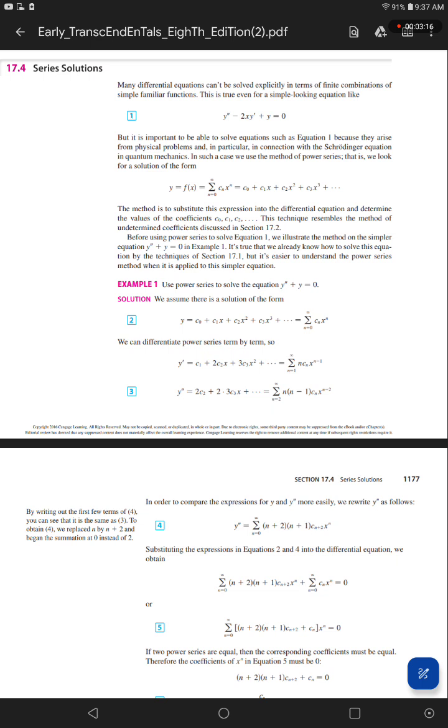Equation 3, y double prime equals 2 c sub 2 plus 2 times 3 c sub 3 x plus ellipsis equals the sum from n equals 2 to infinity of n open n minus 1 close c sub n times x to the power n minus 2.